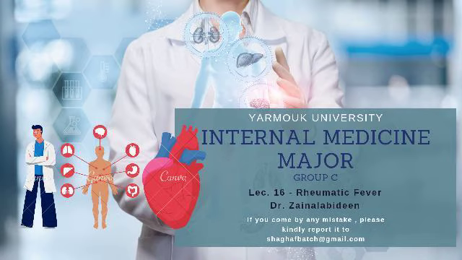Rheumatic fever is the most common cause of acquired heart diseases. You know, there are genetic heart diseases and acquired. Rheumatic fever affects the heart, in particular the valves. So if you get damage in the heart, there is a good possibility it has been caused by rheumatic fever.